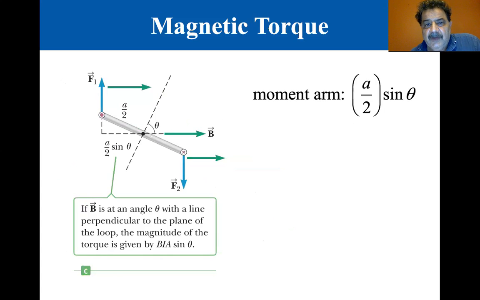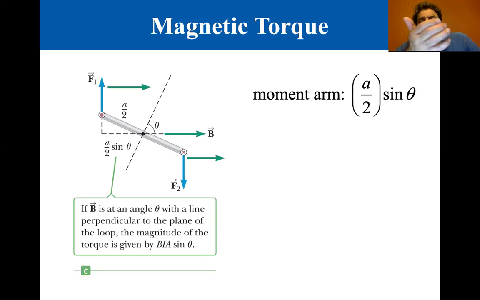Now, let's look at the moment arm. Oh, I'm sorry, I jumped the gun. It's not magnetic moment. The moment arm is a over 2 sine theta.